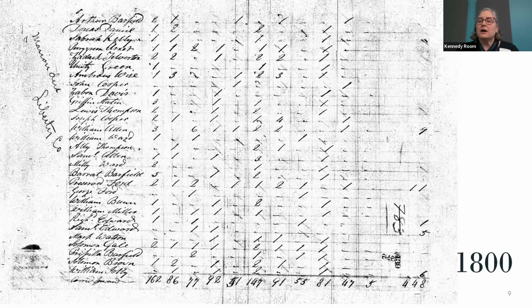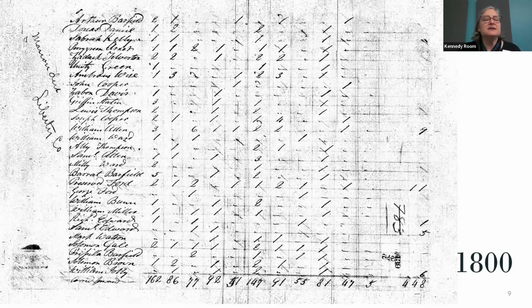And for all of these census headings, some pages, because they were handwritten lists, they saved their hand, and they only wrote them on the first page of each enumeration district. So you may have to page back to the beginning and see if they wrote them there, or check for census blanks, such as the ones in your handout packet, because they will let you know what the columns mean.